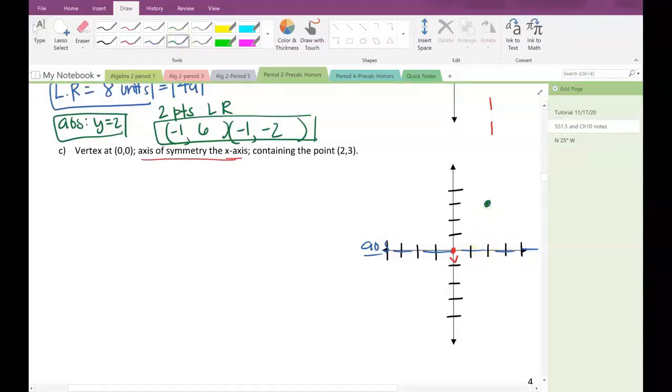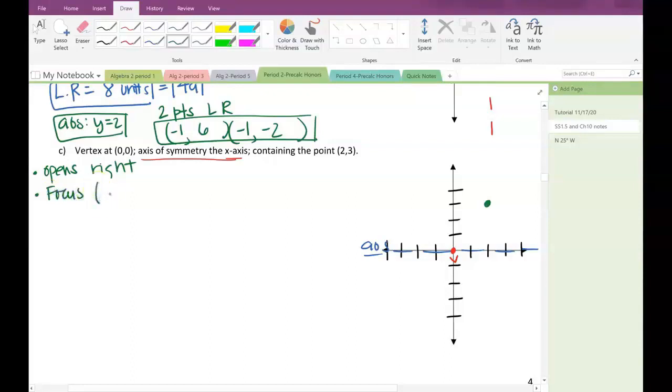Okay. We don't know where the focus is. We don't know how far the latus rectum is. So let's go and figure this out. We know if the vertex is at the origin and there's a point on the right side, we at least know it opens to the right. Then we know if it opens right, the focus is a units from the vertex.